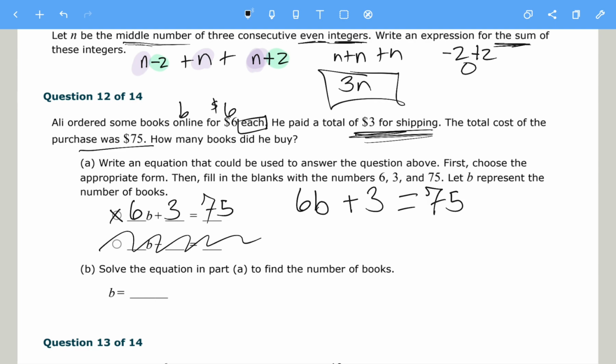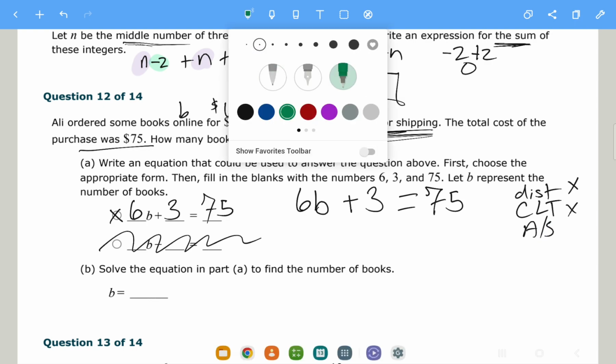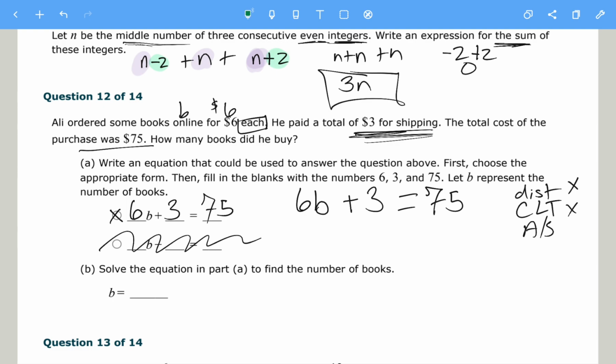Now we're going to solve it. So our first step is distribution. We don't have any. Then we combine like terms on either side. There are no like terms on the left and no like terms on the right, so we can't do that. Now we're going to add or subtract from one side to the other. So I'm going to keep the 6b on the left and subtract 3 from both sides.